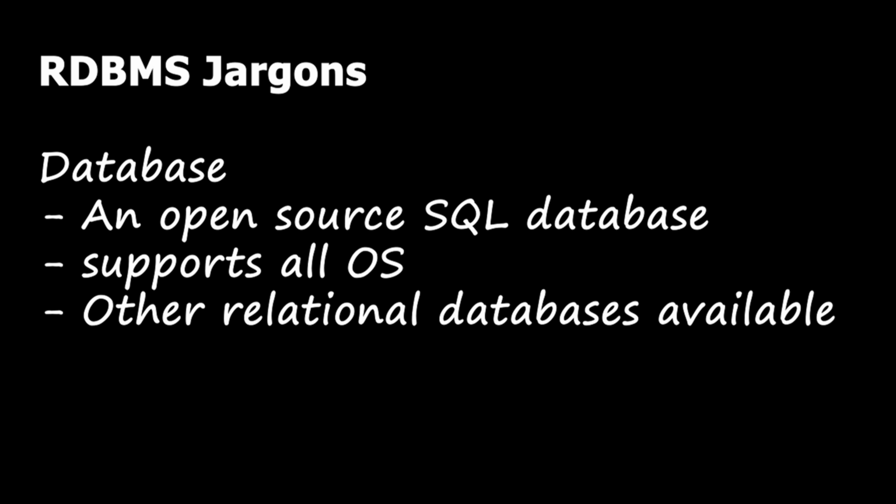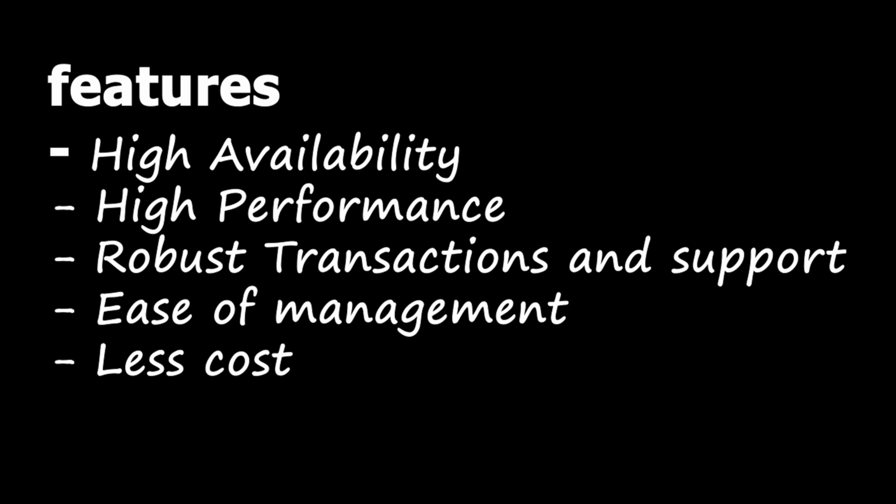The other relational databases available are Oracle, MS SQL Server and MS Access. The features of a relational database management system are high availability, high performance, robust transaction and support, ease of management, less cost. From the words itself, you would have got the idea. It is available very easily, and the performance is also high.